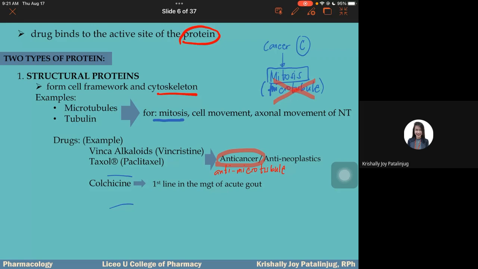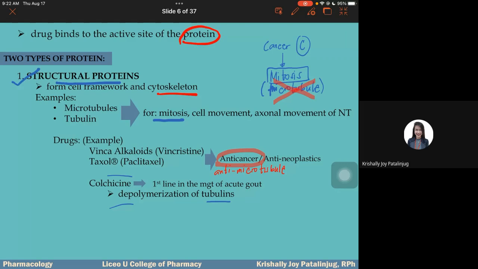And its mechanism of action is also targeting a structural protein. That's why this is written as one of the examples here under drugs that target a structural protein. This is the mechanism of action of colchicine. Recalling, it targets tubulin, and tubulin is a structural protein.